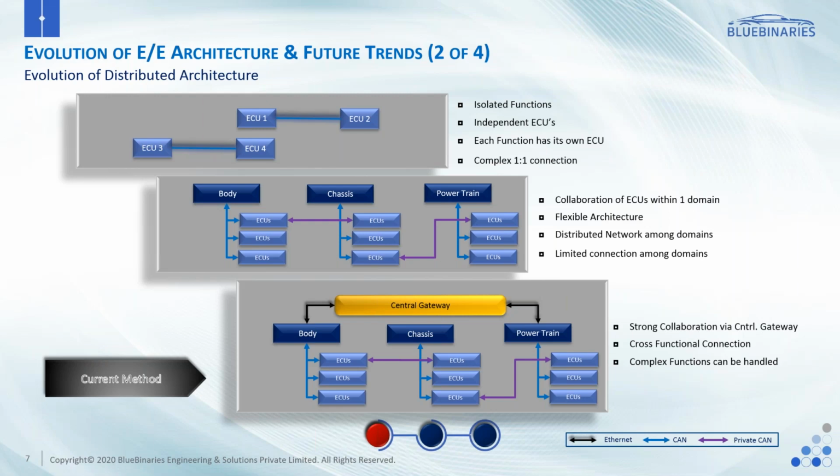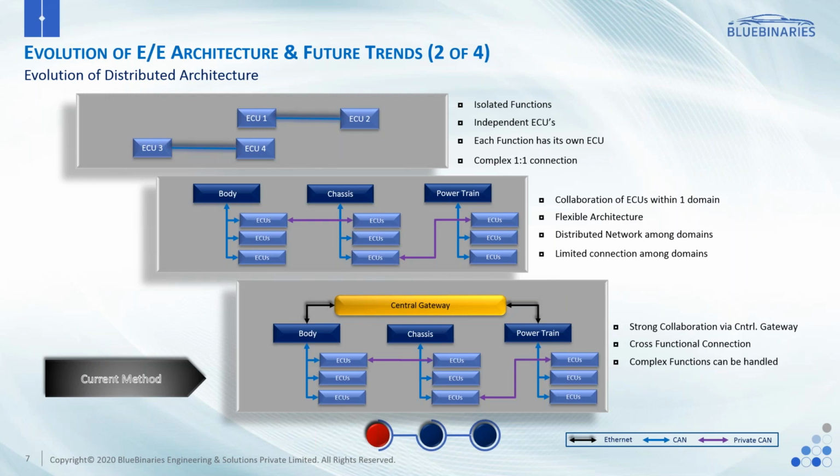With this, they can build more functionalities in the car, and bring up a collaboration within the domain. So later there were domain based ECUs, where you have ECUs for a specific domain like body, chassis, and powertrain, which would enable the automotive companies to have more flexible architectures among their distributed networks.